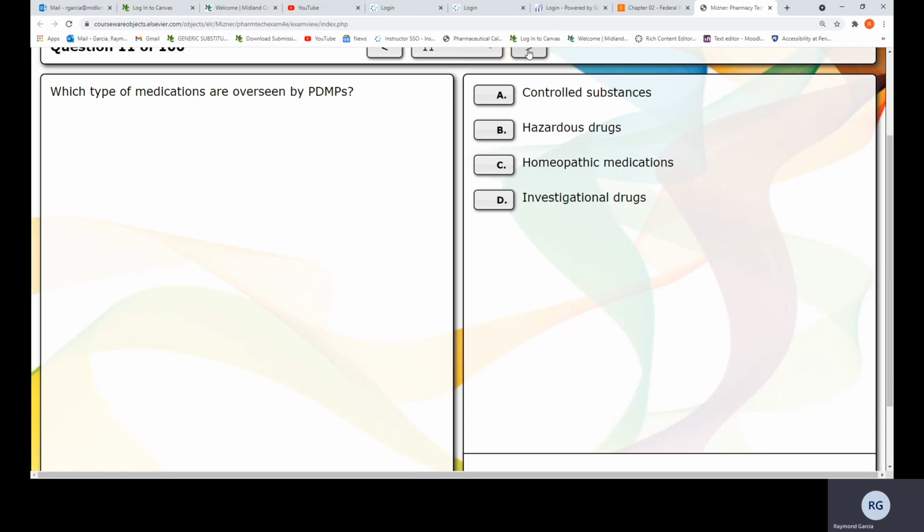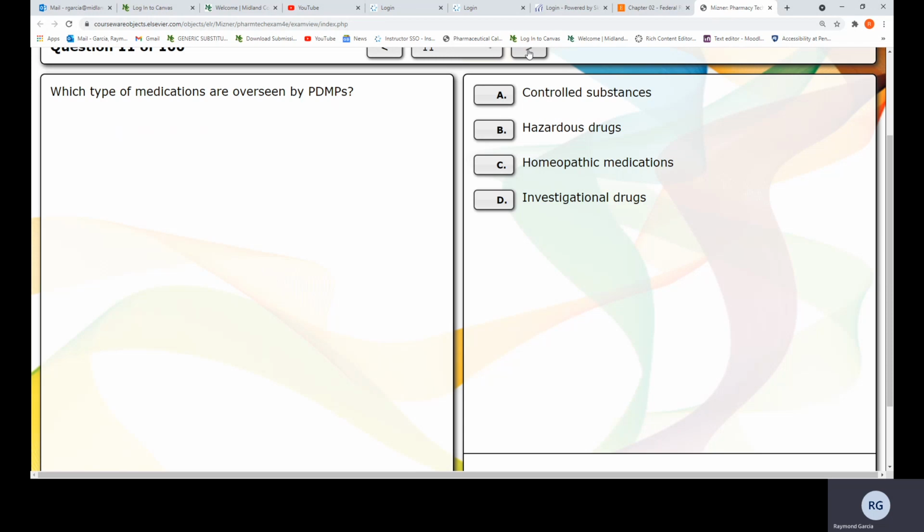Which type of medications are overseen by PDMPs? Let me find it. Prescription drug monitoring program, that's what it's for.